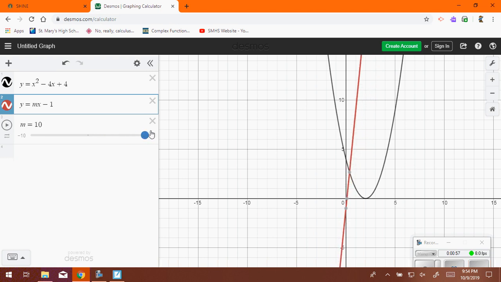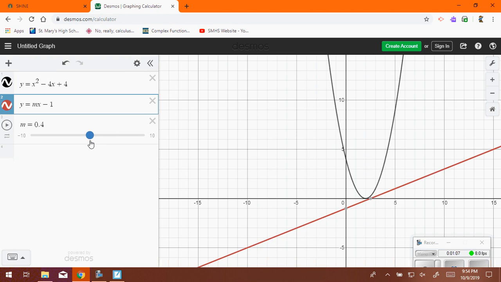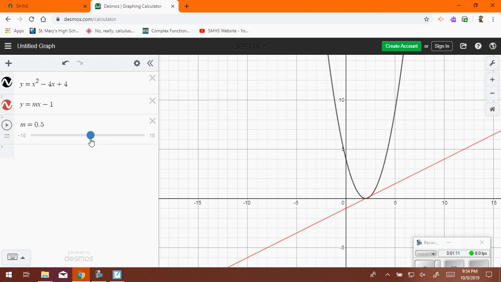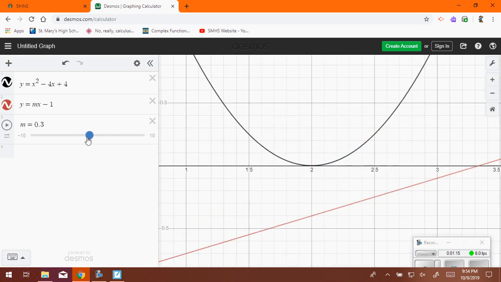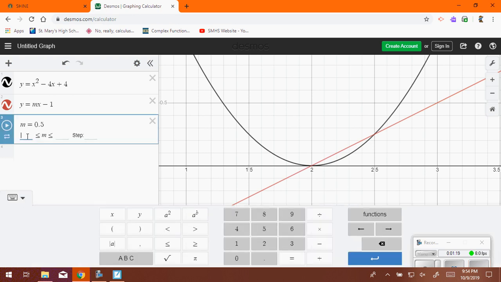Okay, I've kind of hit a wall here on my slider, but it could go further. Okay, I'll flip back around the other way. So somewhere along here, and it's hard to hit, but you can see, if I zoom in a little bit here, there would be a point where they would just tap once. Let me make this a little bit smaller.